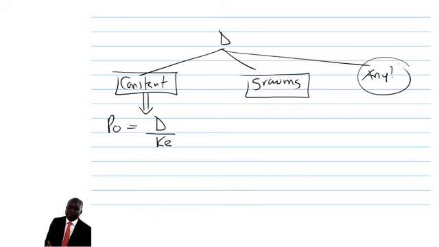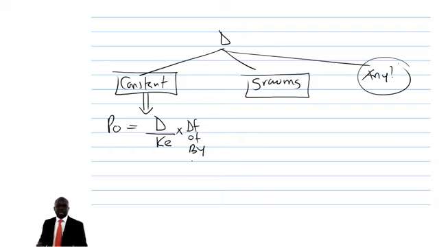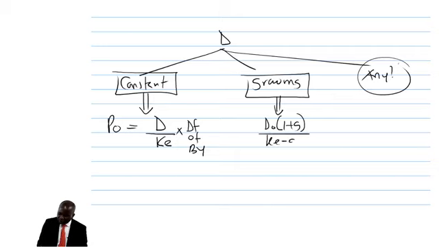The cost of capital for dividend is all cost of equity because it's shares, multiplied by discount factor of what? The base year. So now instead of free cash flows, we are putting what? Dividend. When it's growing, we will say D0, 1 plus the growth rate divided by cost of equity minus the growth rate multiplied by discount factor of the base year.